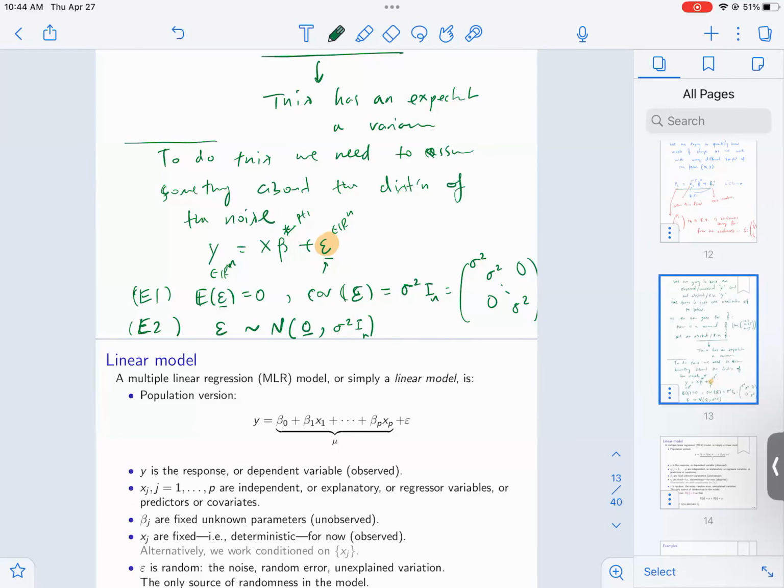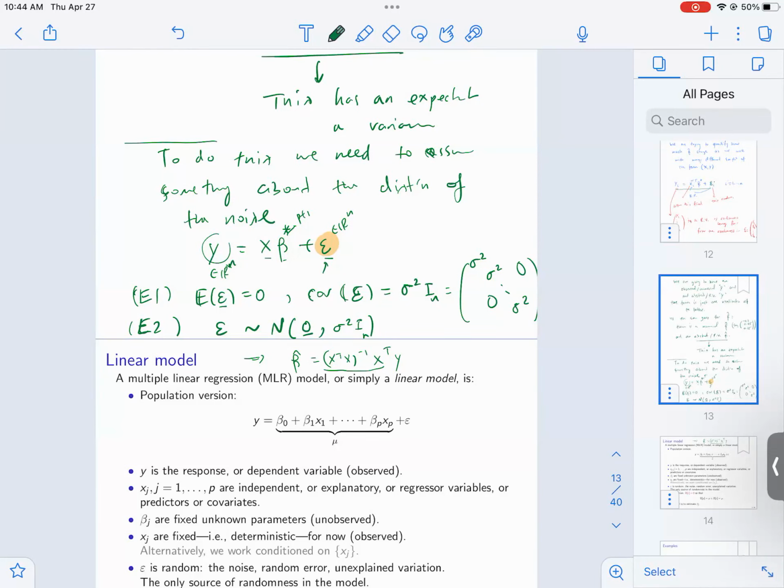If I know E2, because X and beta are fixed, then I know the distribution of Y. If I know the distribution of Y, I also know the distribution of beta hat, because beta hat is (X transpose X) inverse X transpose Y, and this is just a deterministic matrix. It's like A times Y. If epsilon has a multivariate normal distribution, Y will have a multivariate normal distribution.